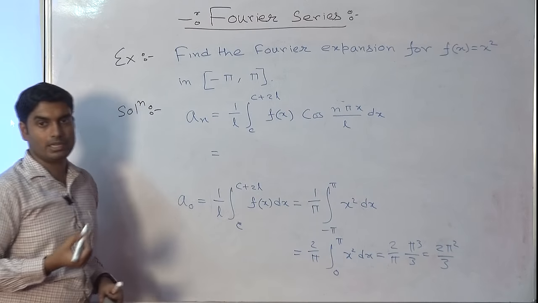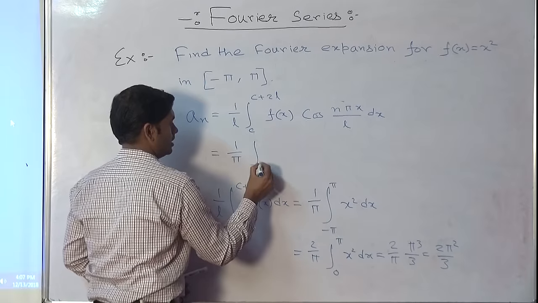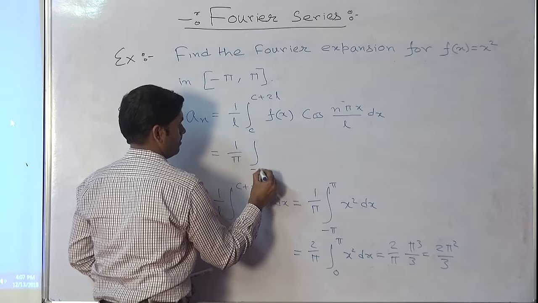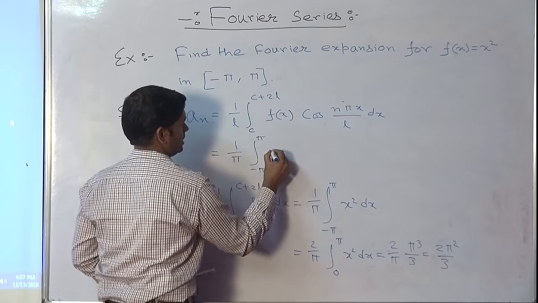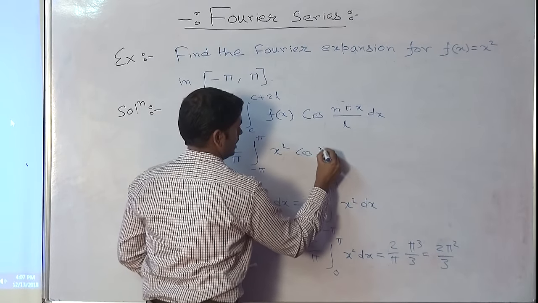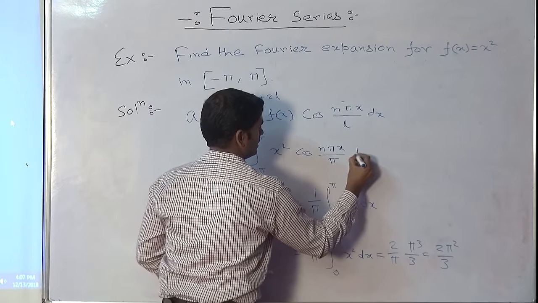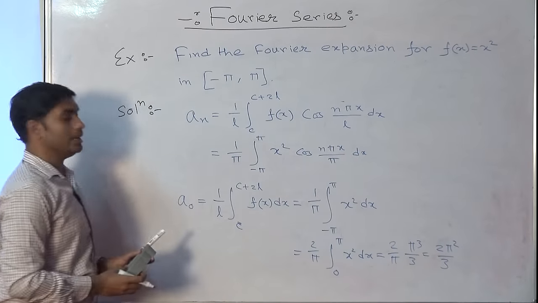So L is equal to pi. So this is 1 by pi. C is our minus pi to pi. f(x) is our x square cos of n pi x by L, L is our pi, dx.